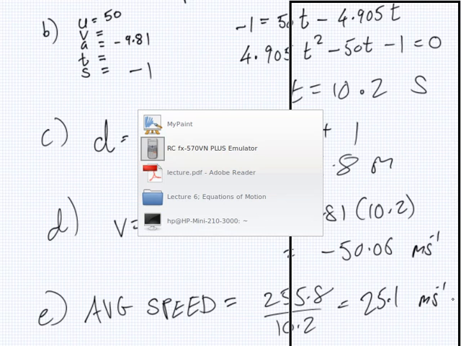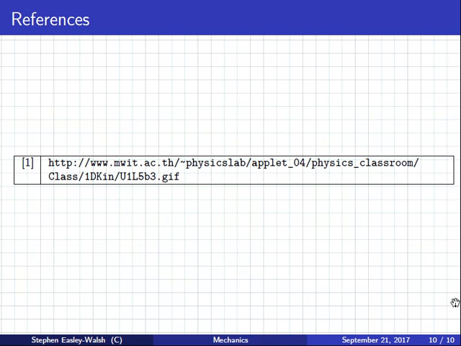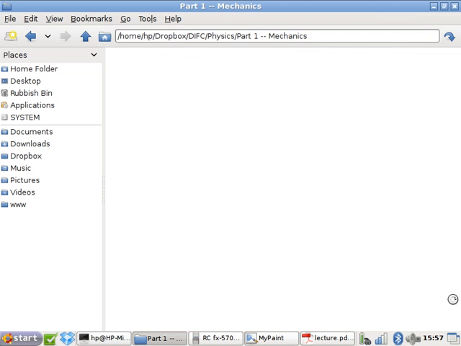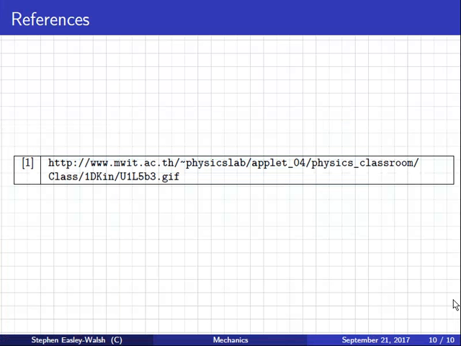Right, let's see now. I don't think there's any more examples. How many questions are on the next worksheet? Do they look hard?